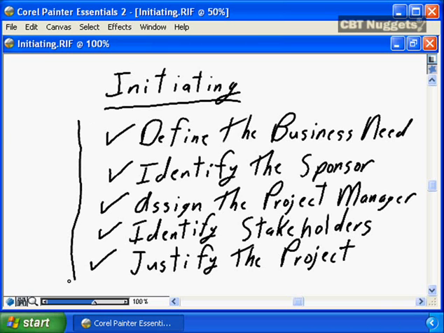The challenge I've had with initiating in my career to date is that often many of these steps are not, I'm going to say, formally done in the organization. They are done, but they are done informally, and they are often done outside of the project management structure. The definition of the business need is often done within the business unit itself, often without direct project support.